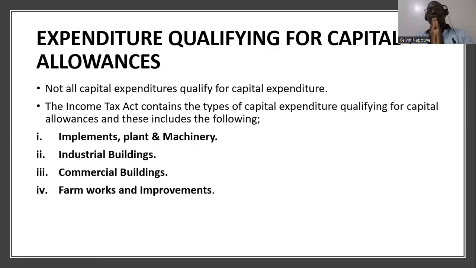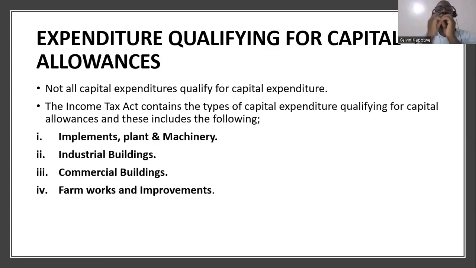All right. So now let's look at expenditures that qualify for capital allowances. Not all capital expenditures qualify for capital allowances. The Income Tax Act contains the types of capital expenditure qualifying for capital allowances, and these include the following.